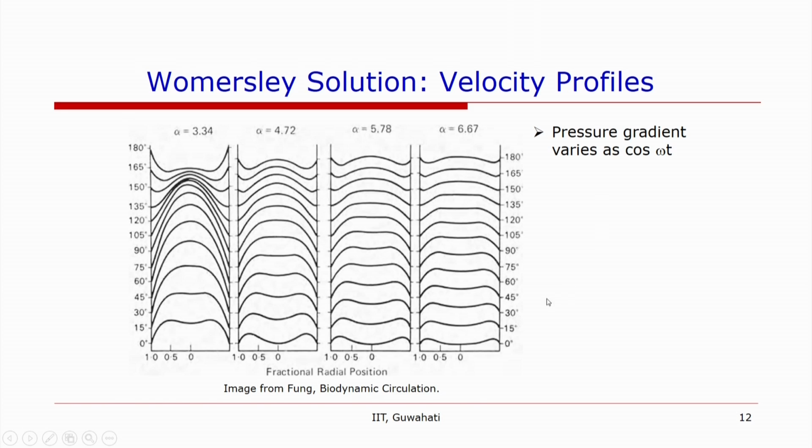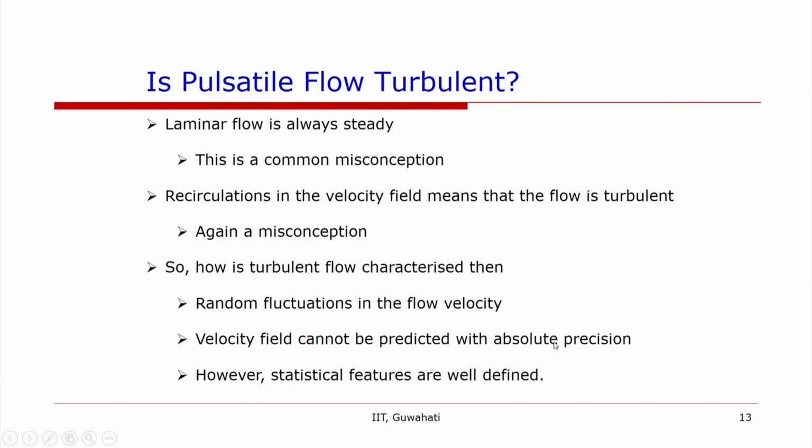Okay. So you can easily make out the thickness of the boundary layer, that the thickness of boundary layer reduces as alpha increases. The boundary layer is where there is a change in the velocity gradient near the wall, and we can easily make out in all these cases. Okay.